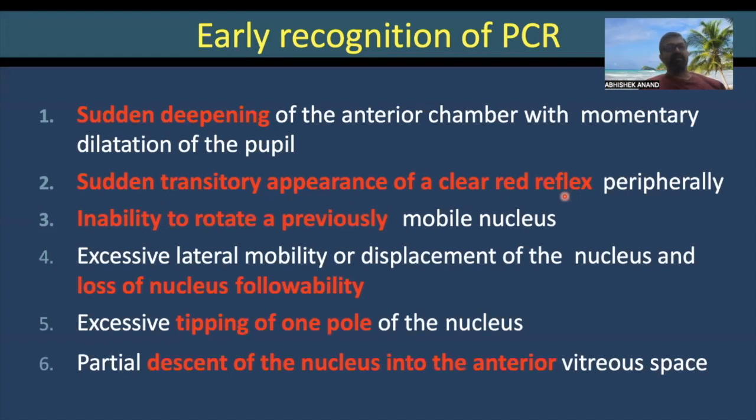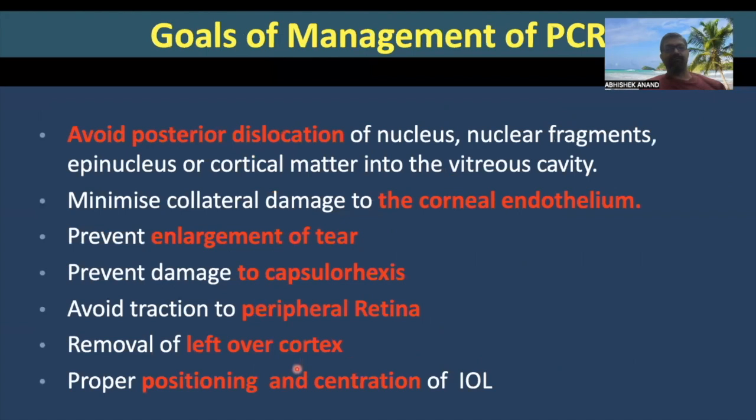There are certain signs: a sudden deepening of the anterior chamber, sudden transitory appearance of a clear red reflex, inability to rotate a previously mobile nucleus, excessive lateral mobility or loss of nucleus followability at the phaco tip, excessive tipping of one pole of the nucleus, or partial descent of the nucleus into the anterior vitreous space. These are the telltale signs that a PCR has happened. And if you identify it early, it goes a long way in how we manage it.